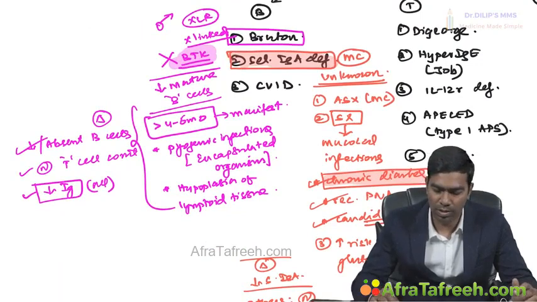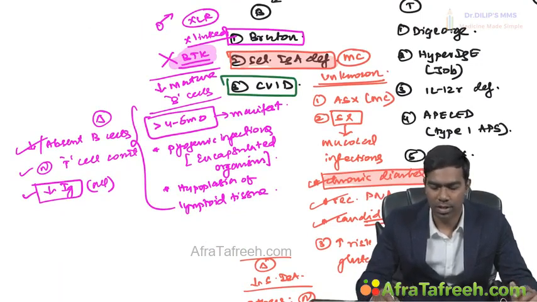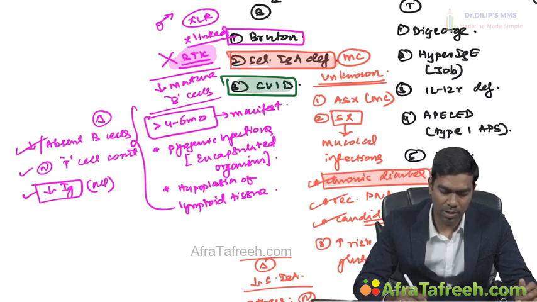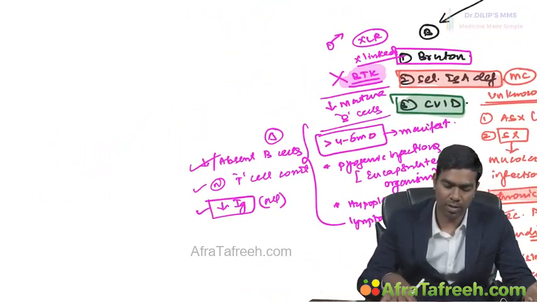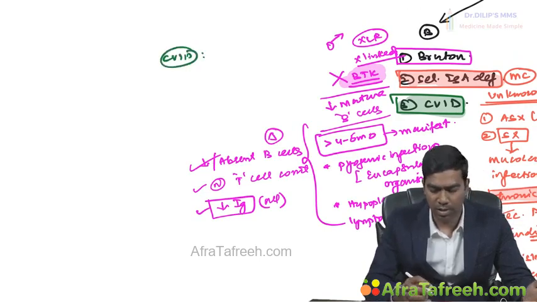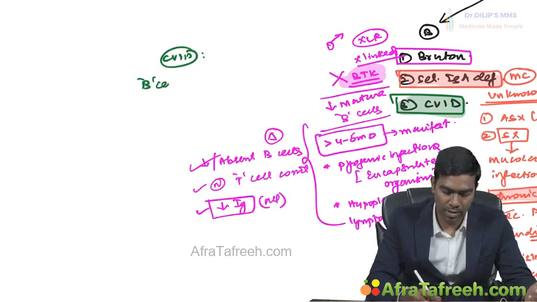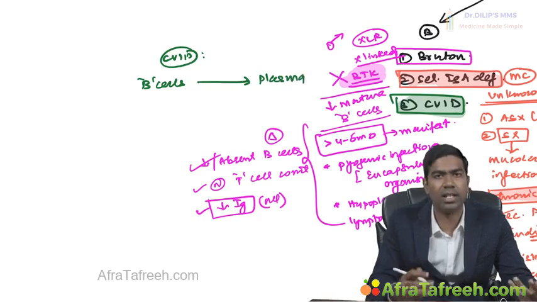So, what about common variable immunodeficiency? CVID. Here the problem is completely different. In common variable immunodeficiency, the main problem is, as I told you, B cells have to convert into plasma cells. This is the destiny of B cells.